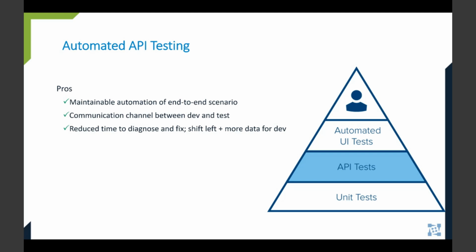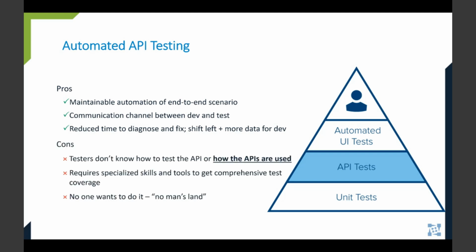You have an established communication channel between your developers and DevOps QA testers, which leads to a reduced time between the time code is checked in and how quickly any bugs can be diagnosed and then fed back to development, shifting that interval closer to the developer, leaving more time to repair the problem and potentially mitigate against last-minute fire drills. So, how about the cons?